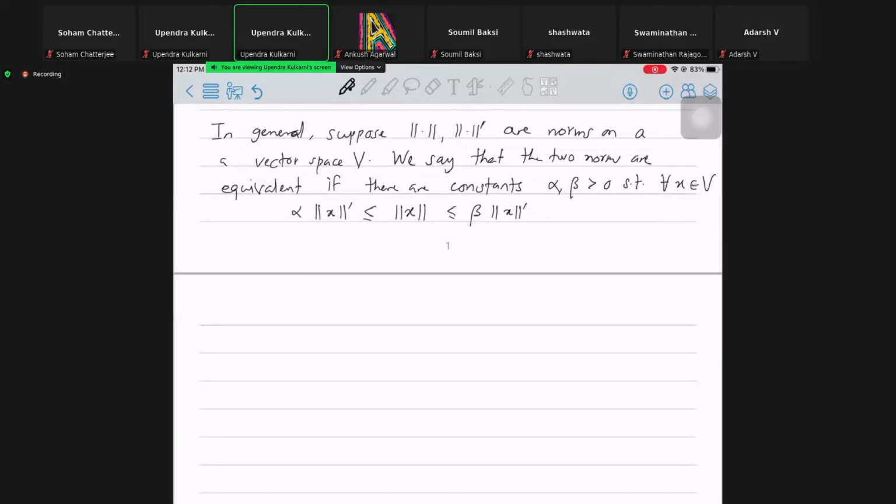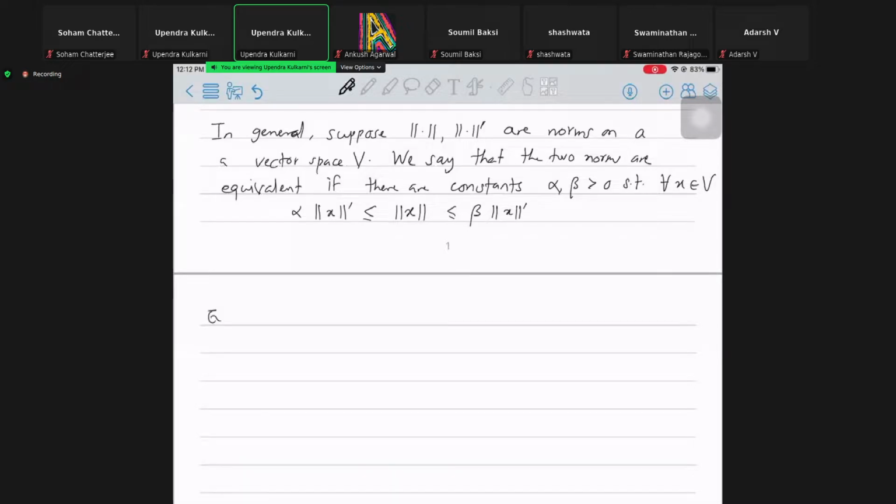You'll see that this definition is good. It will allow us to prove rather easily that the topologies induced by both norms are the same, and also the notions of convergence with respect to each norm are the same. But maybe let's first try to see examples.